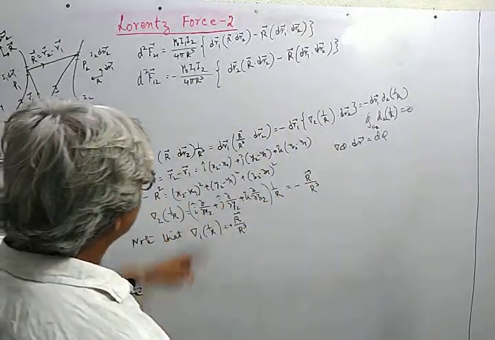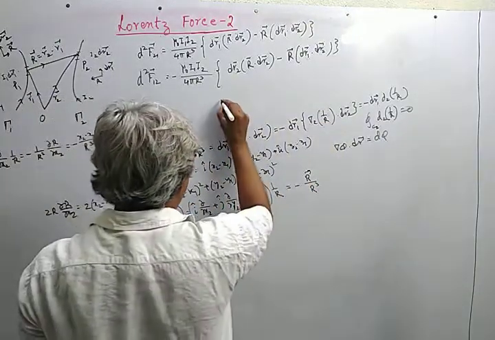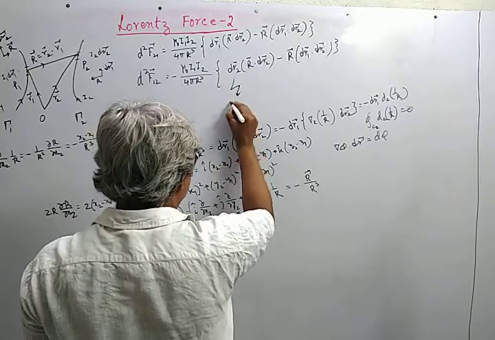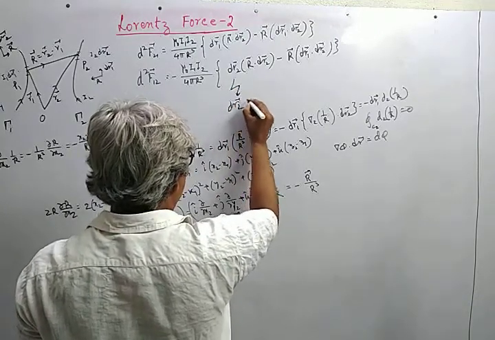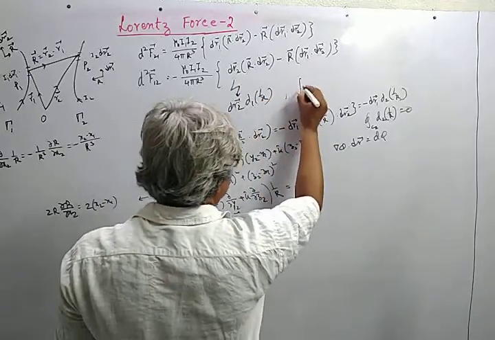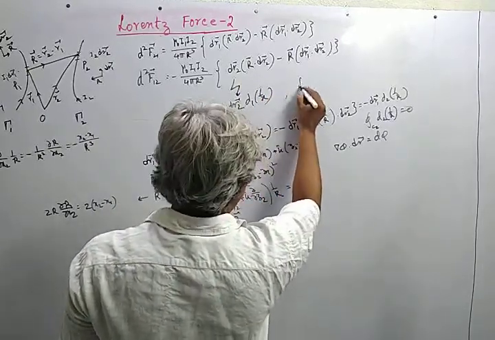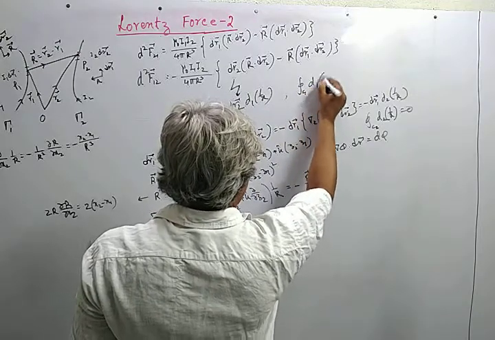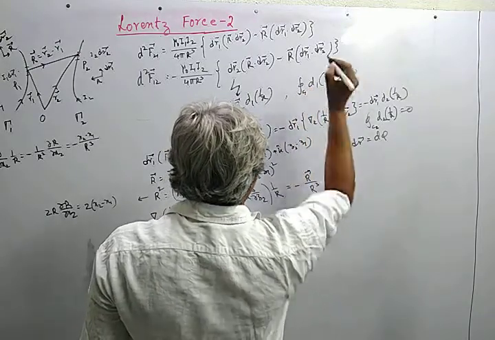Similarly, this term can be written as dr2 d1 of 1 by r, and the integration over C1 of d1 of 1 by r is 0.